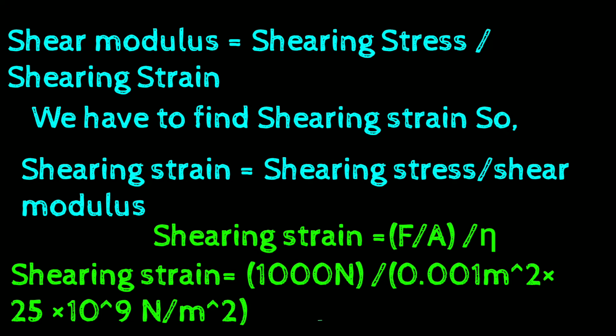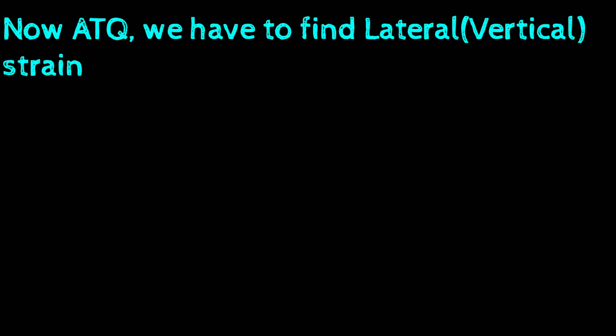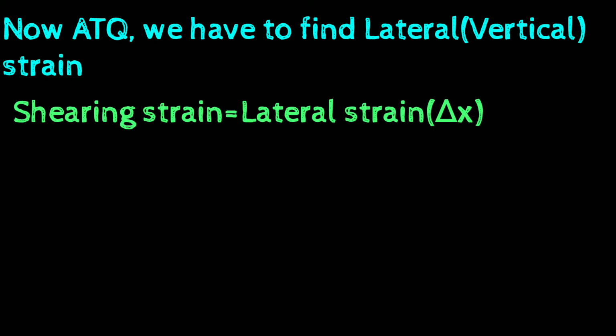So after using the values that we know, we get a final answer, that is 3.92 into 10 to the power minus 6. So note it down. Now according to the question we have to find the lateral displacement, that is vertical deformation.